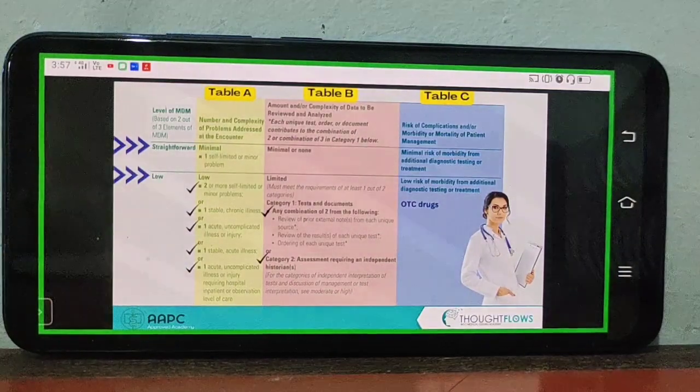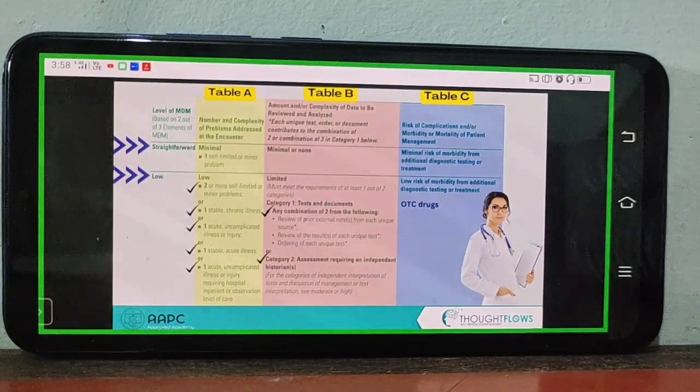That means only one condition must be present. If a patient has only one stable chronic illness, that will get 1 point. Or one acute uncomplicated illness or injury, for example, abrasion or sprain. The patient has only one acute, uncomplicated illness or injury.